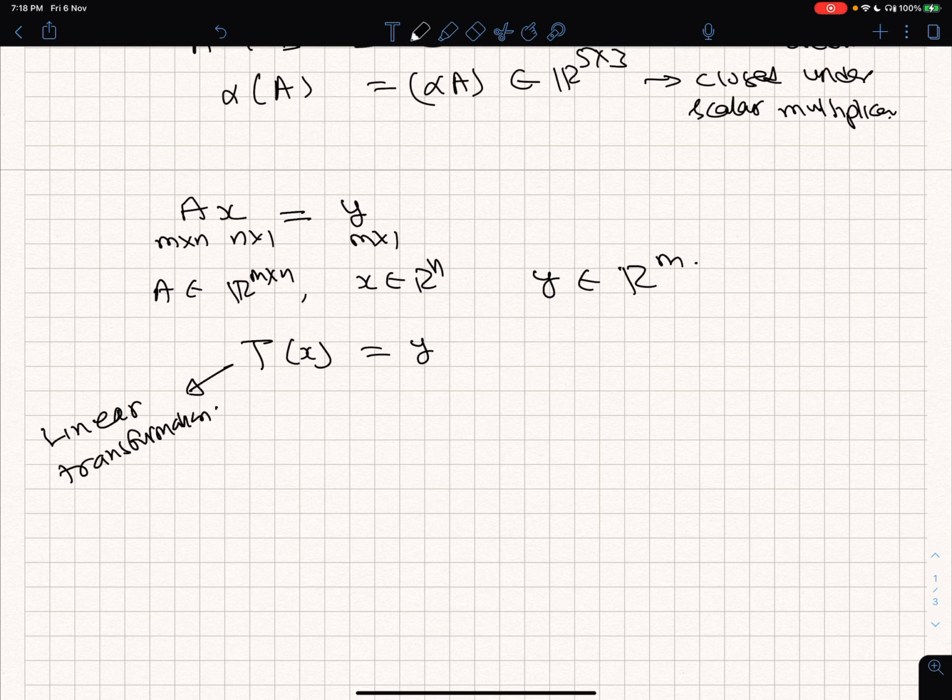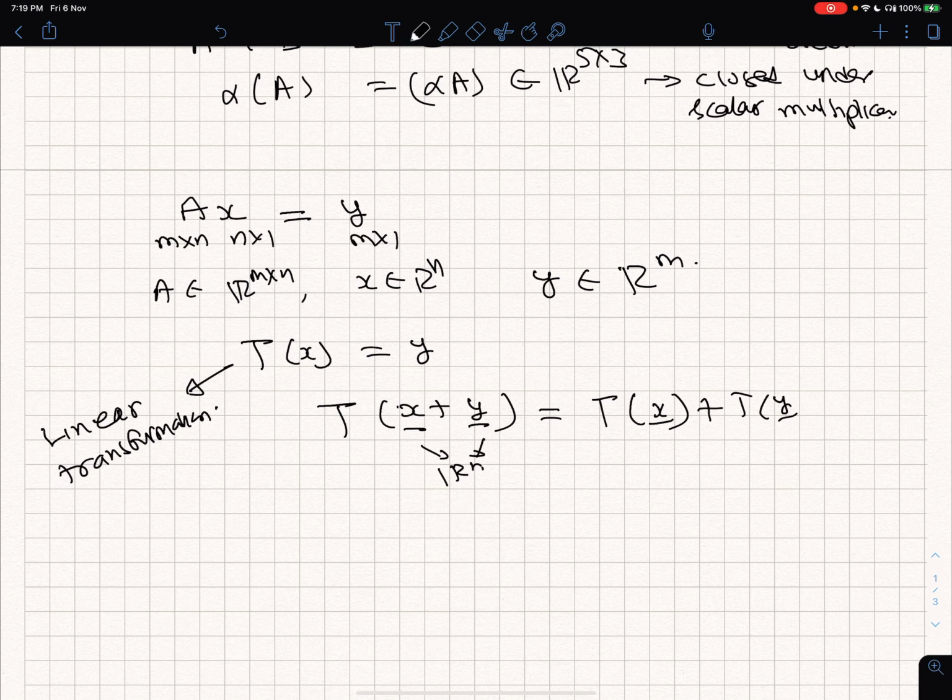Why do I call it a linear transformation? A linear transformation will have a property that if I take x vector and, let's say, don't confuse this with this y vector, I will write x bar vector here and y bar vector here. These are vectors in Rn. Then if T is a linear transformation, by definition, T of x bar plus y bar should be equal to T of x bar plus T of y bar.